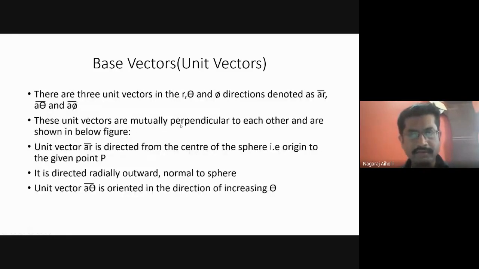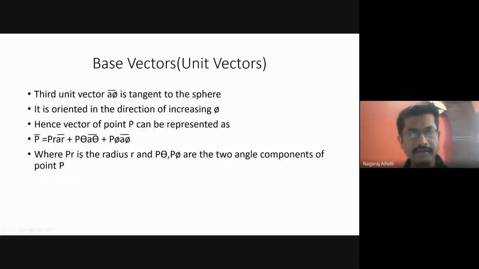Therefore, we have the three unit vectors mutually perpendicular. Unit vector AR bar is directed from the origin to the point P. It is radially outward. Unit vector A theta bar is the direction of increasing angle theta. The third vector A phi bar is tangent to the sphere, oriented in the direction of increasing angle phi.